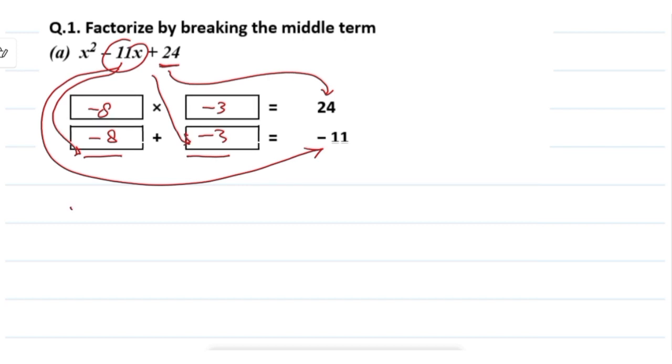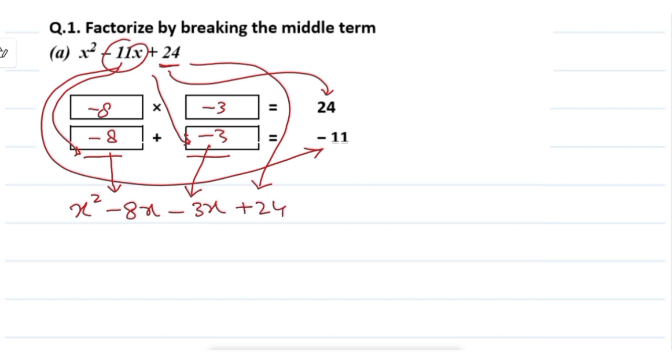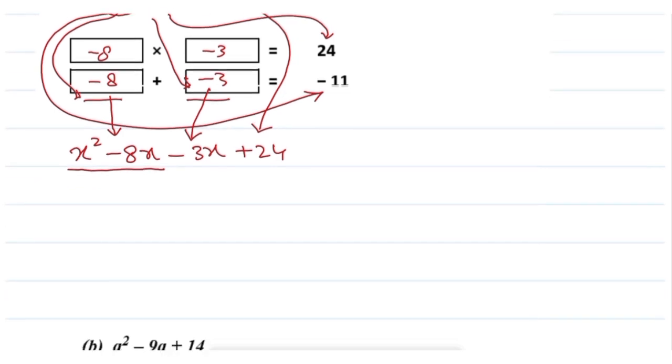So the first term remains the same, and then we'll write -8x and then -3x, and the last term remains the same, which is plus 24. Now, in the first two terms, we'll look for what is common.